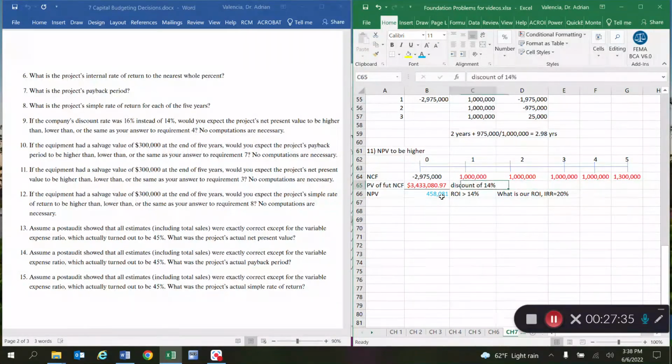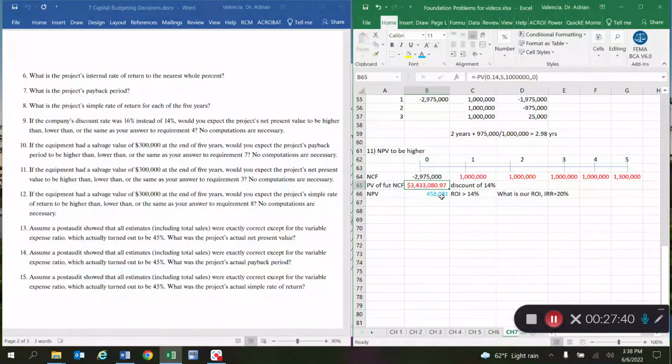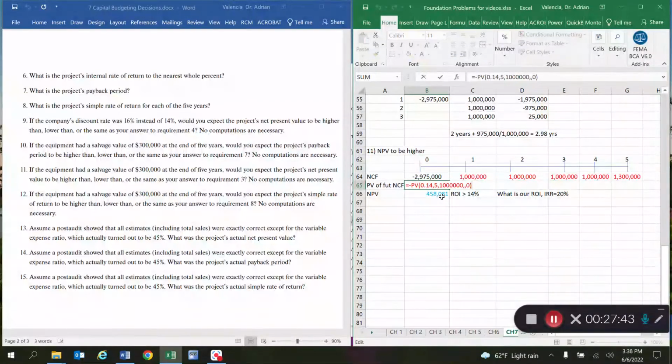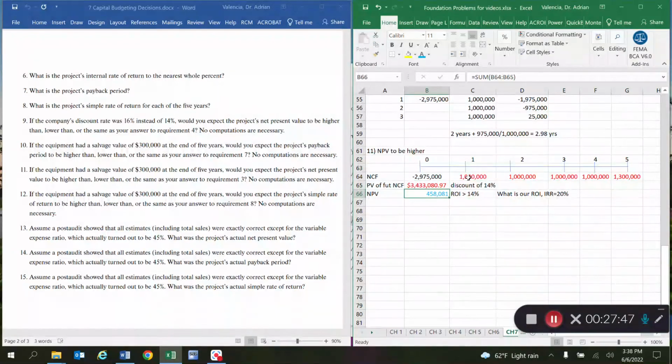Well, of course not. What do I do here? Oh, my bad, because the formula right here is just the present value of the annuity. We would have to do the present value of each one of these independently to be able to get that.